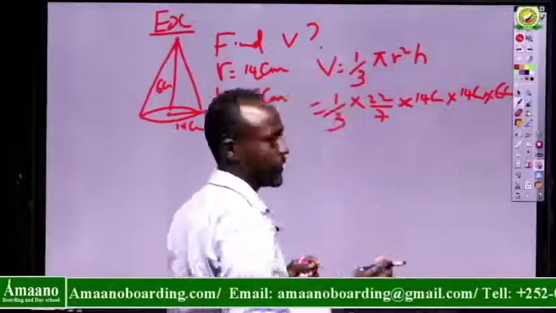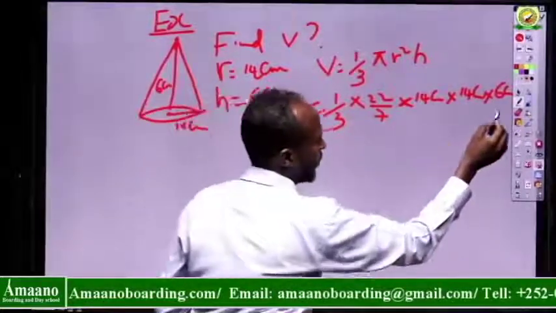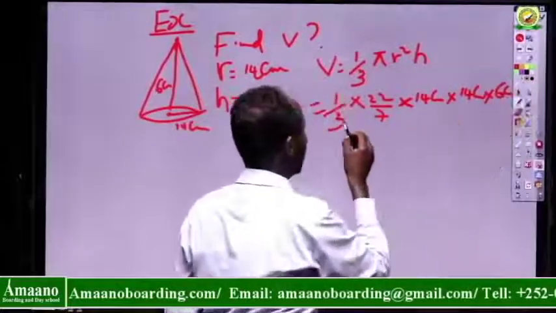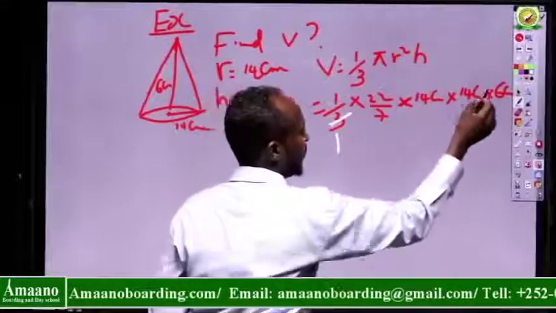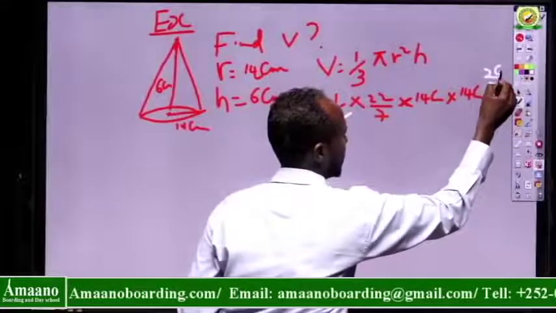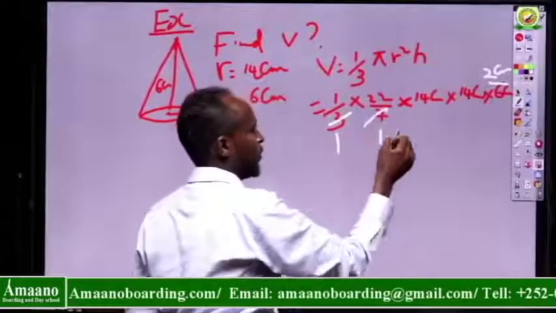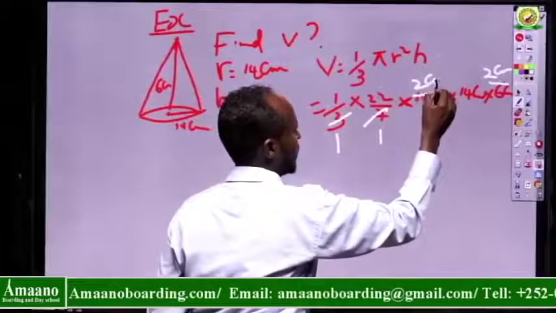You can simplify. 3 into 6, you have 2 centimeters. 7 into 14, we have 2 centimeters.